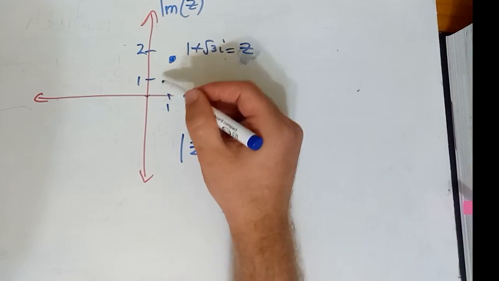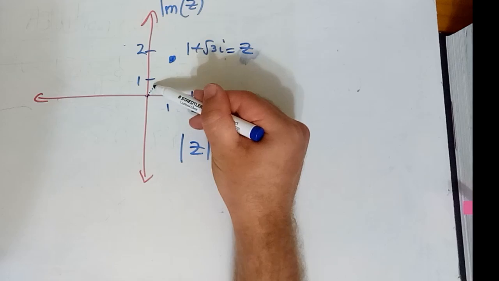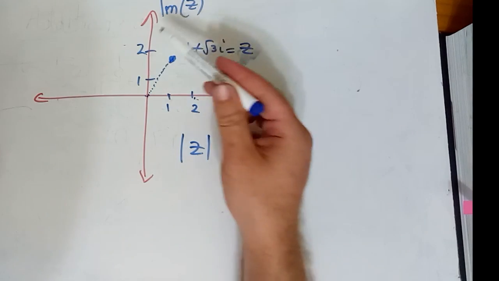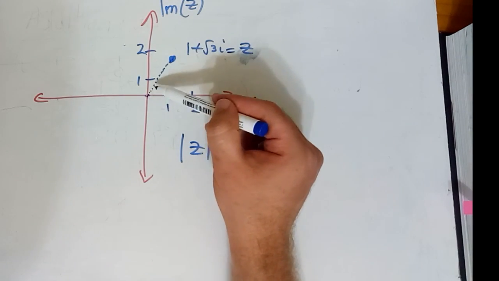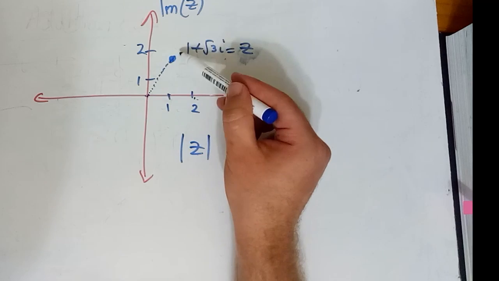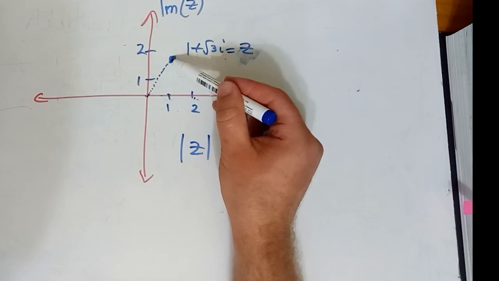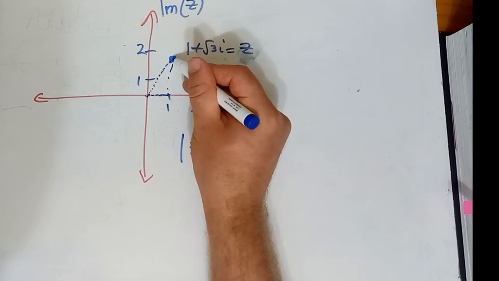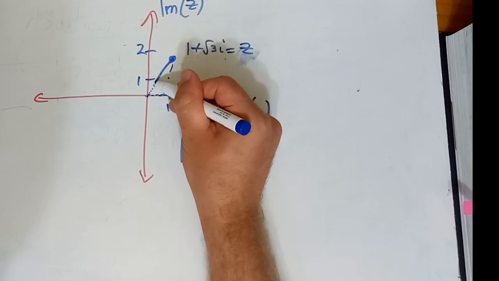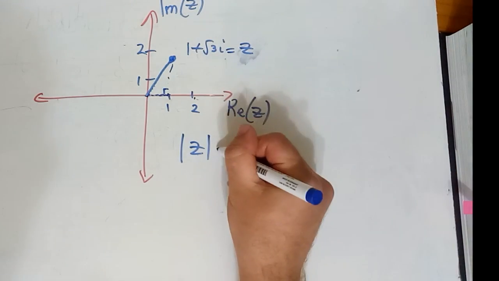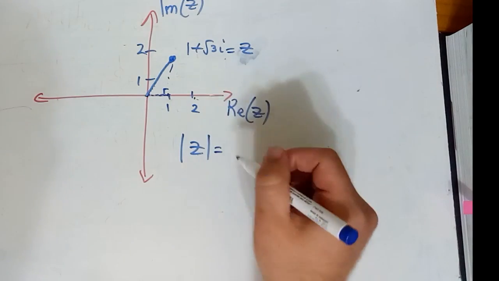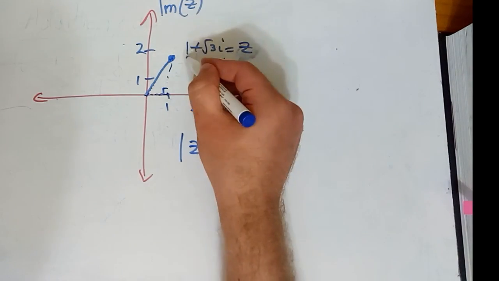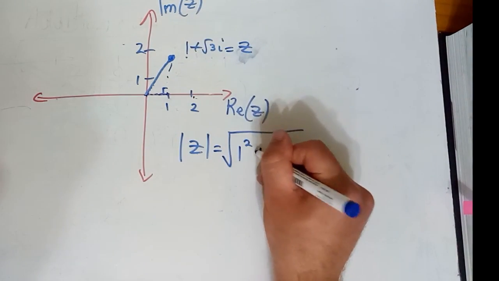However, in the complex field, the distance you are away from the origin is still the magnitude, but you have got to use some Pythagoras' theorem to solve it. So how far you go across versus how far you go up. Okay, we're trying to find this distance here. So the magnitude of z in this equation, using Pythagoras' theorem, is 1 squared plus root 3 squared.